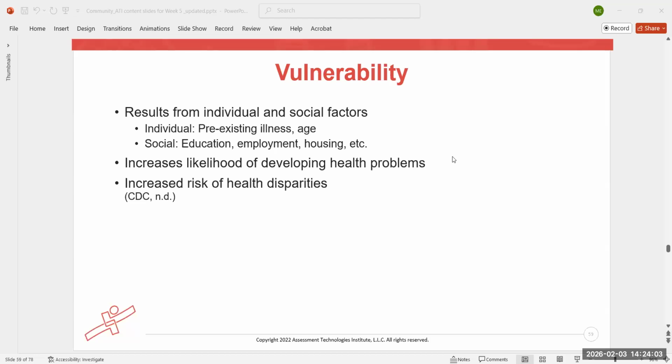When understanding vulnerability of our patients, there are going to be vulnerabilities resulting from individual and social factors, and there are populations that could have multiple risk factors for negative health outcomes. You want to identify modifiable risk factors for your clients and try to come up with interventions and goals for them to address these.